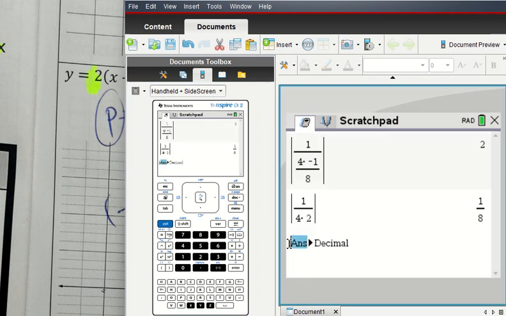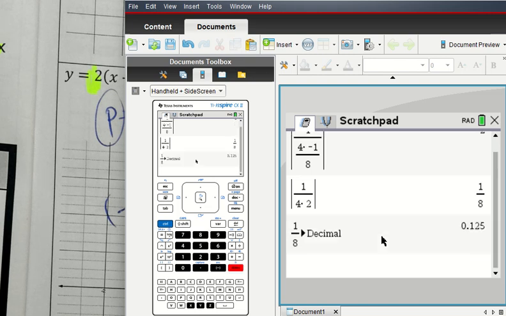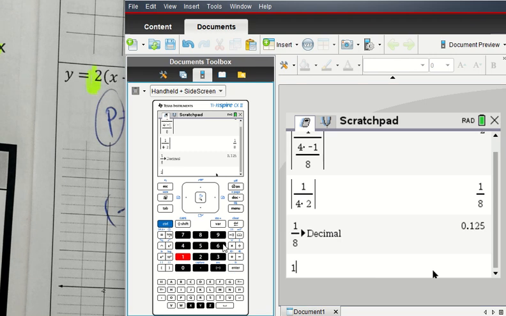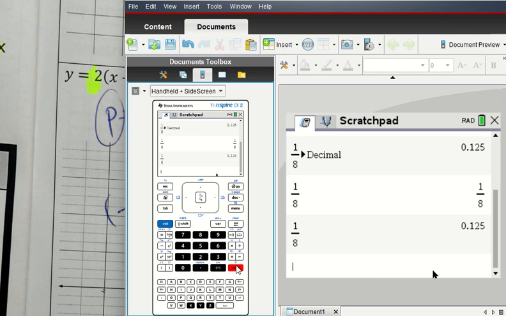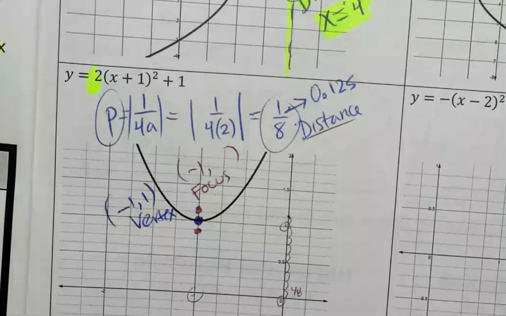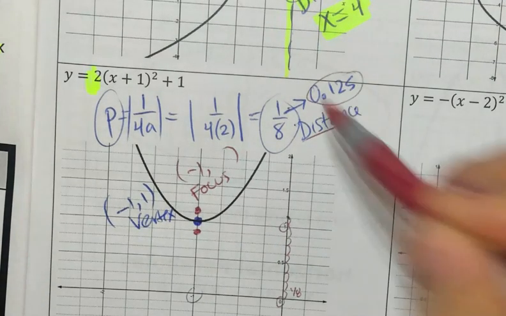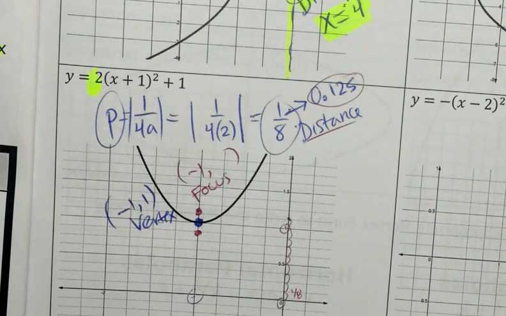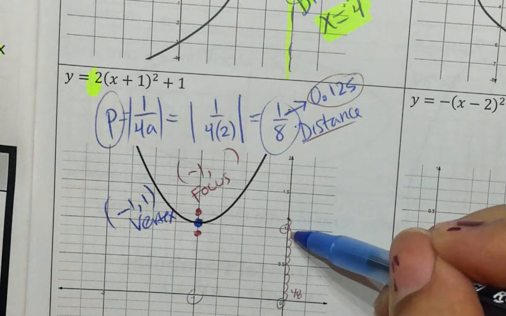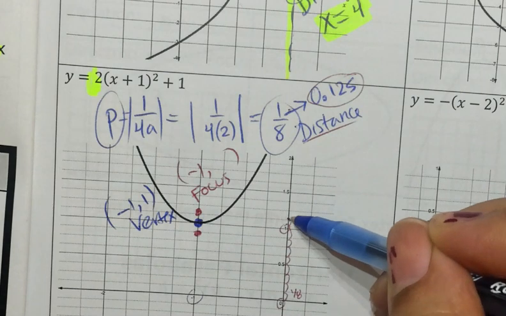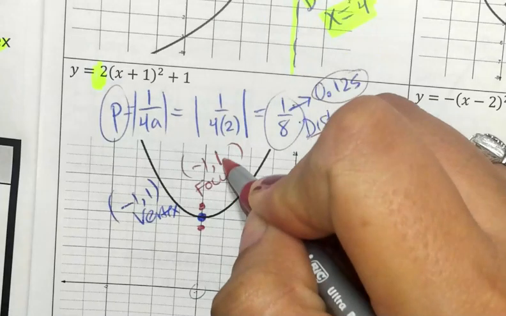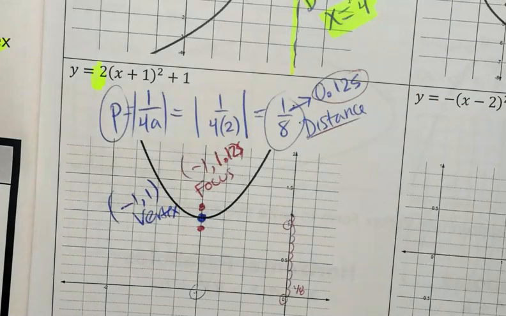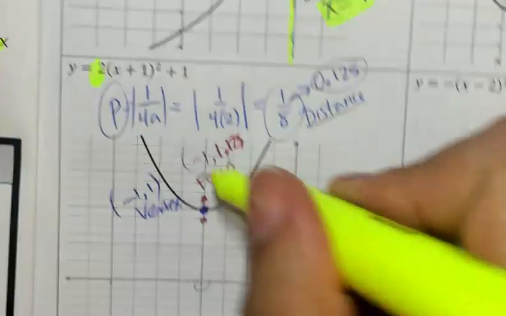So it's converting the answer that was there into a decimal. Enter. Or whenever you have a fraction, you could do Control Enter, and it'll turn it into a decimal. So the distance is that much in decimal form, which means that we are going from 1 and increasing by 0.125. So the y value is 1.125. That's the focus.